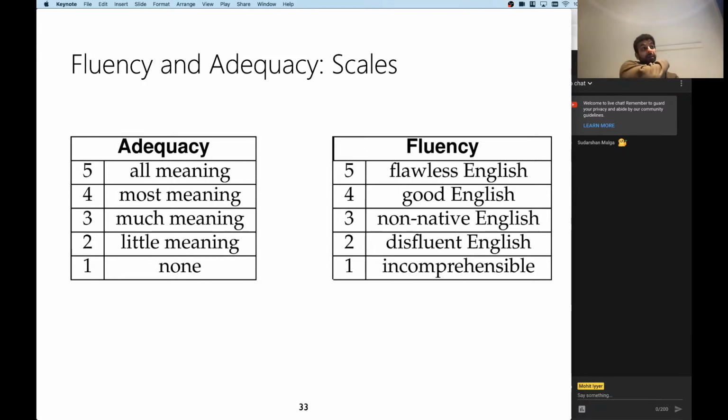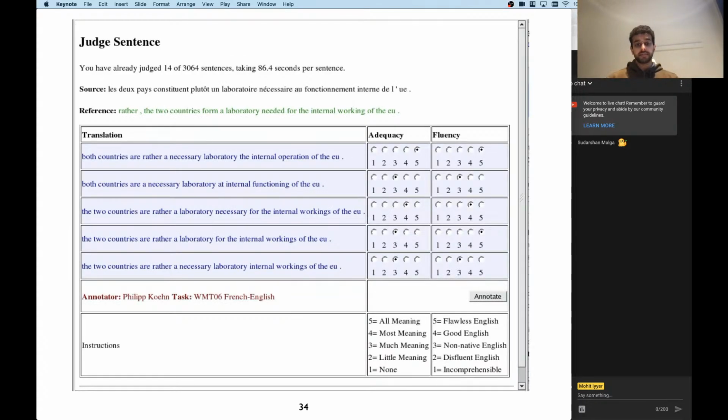It really depends on the person. This is one of the problems with all of these kinds of evaluations: it's a very subjective scale, and it's very hard to train your annotators so that they're using the same definition of most meaning versus little meaning. Similarly in fluency, what is the difference between incomprehensible and disfluent? It's really kind of a personal preference.